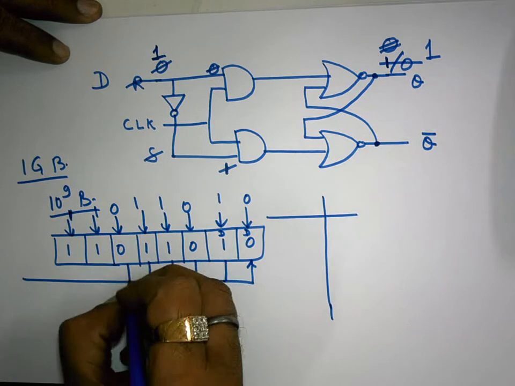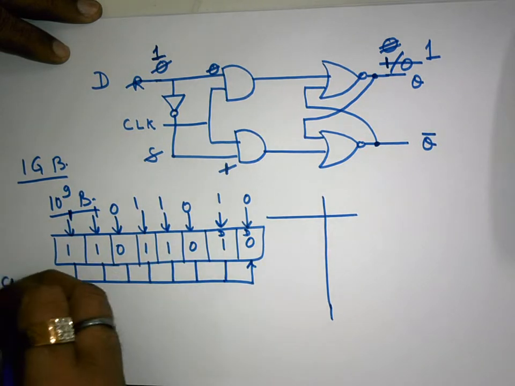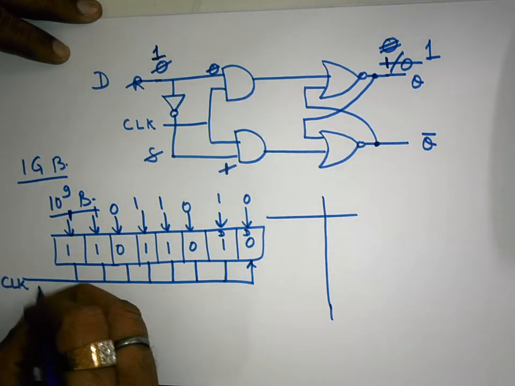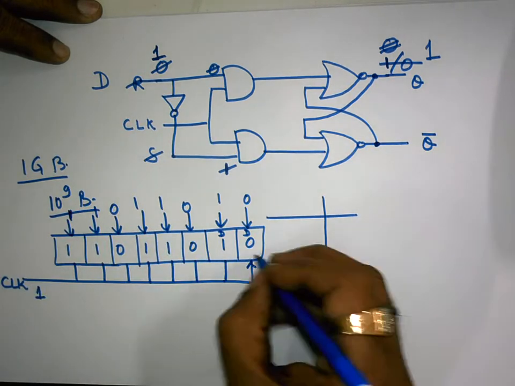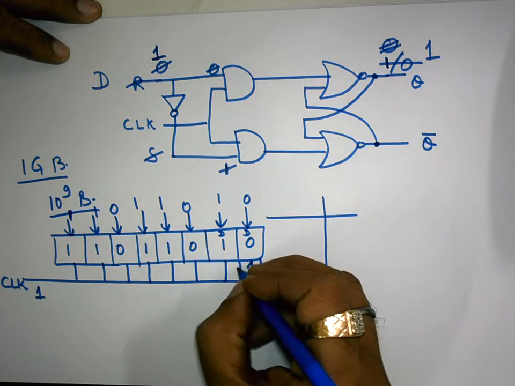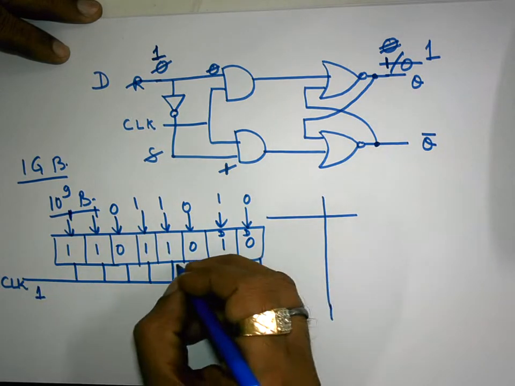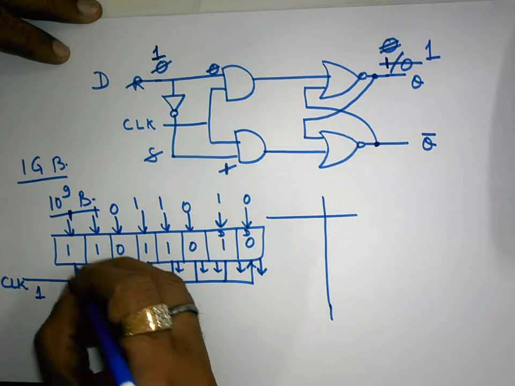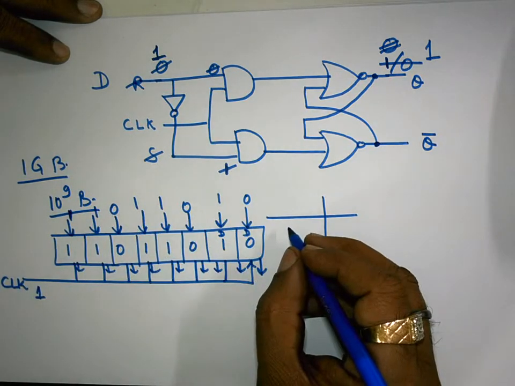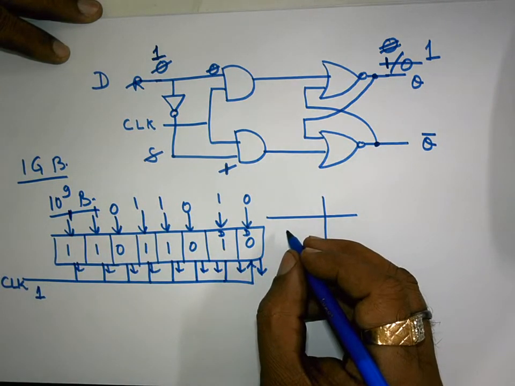So as and when this clock becomes 1, the given input pattern is stored in this memory. Getting my point? The given input pattern which is applied at the input is stored in the memory.